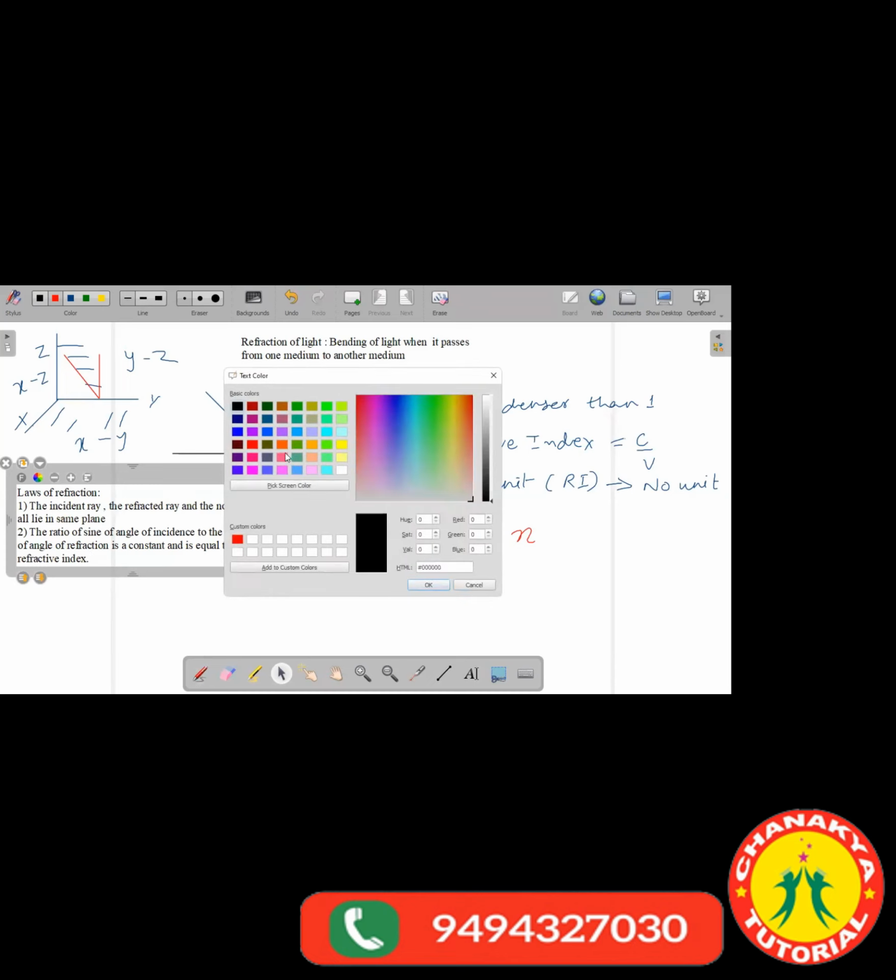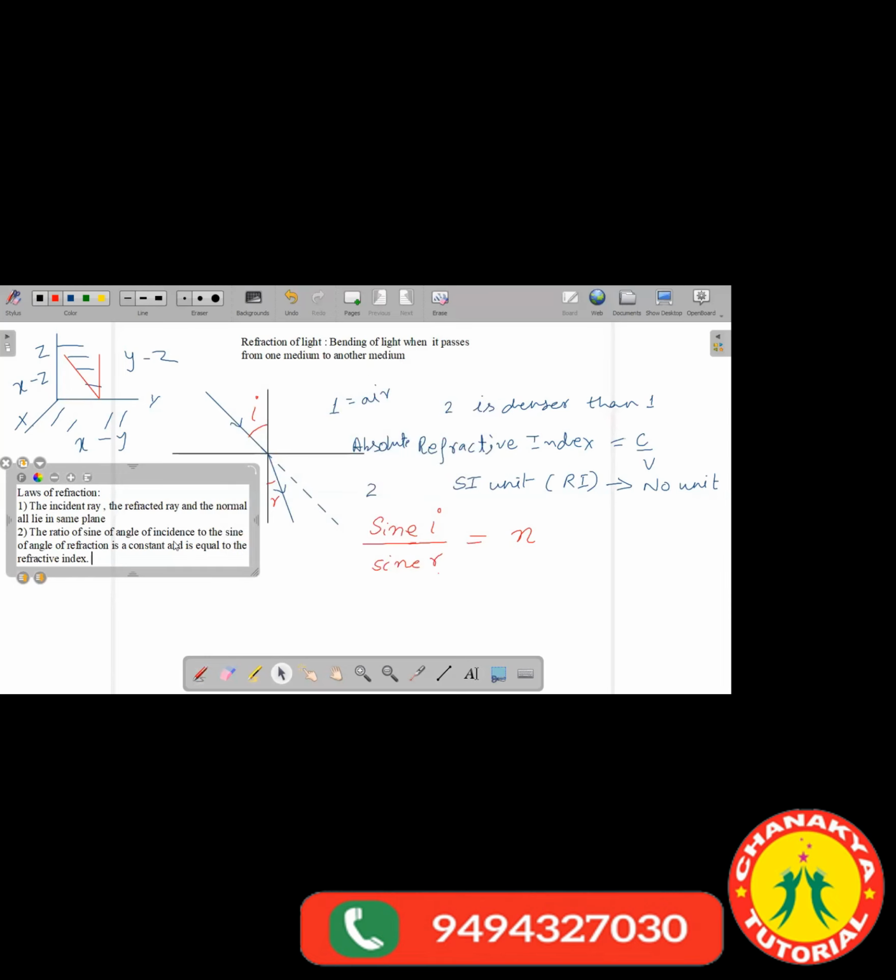It is also called Snell's law. So if you are asked what Snell's law is, you can state that the ratio of sine of angle of incidence to the sine of angle of refraction will be a constant, and this constant is equal to the refractive index of the given pair of media. So I think this is clear about the laws of refraction.